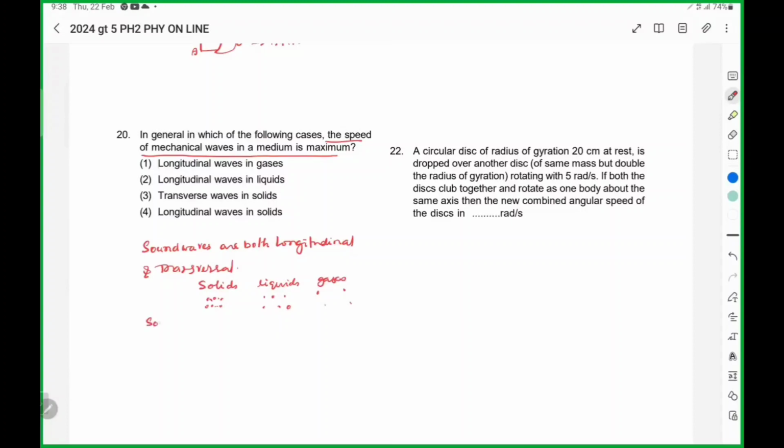So sound is nothing but a disturbance whose propagation is facilitated by collision between particles.